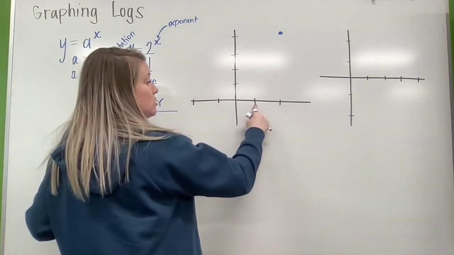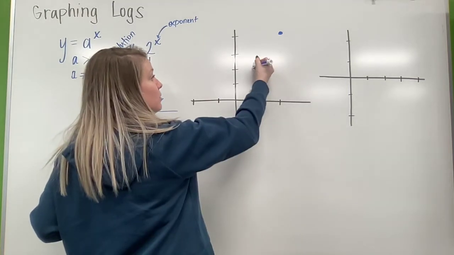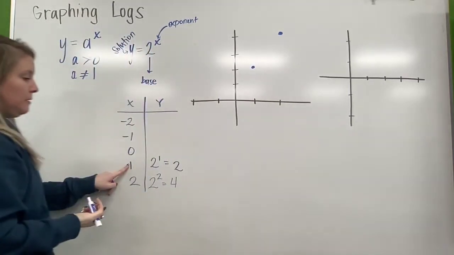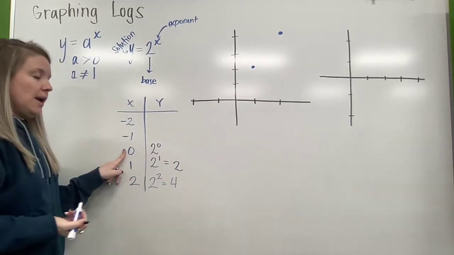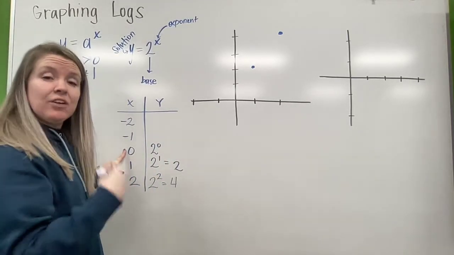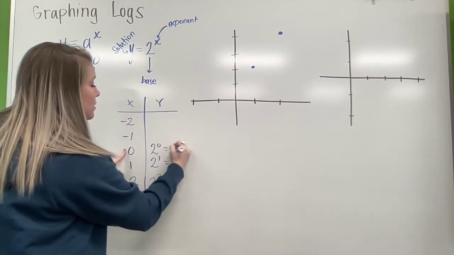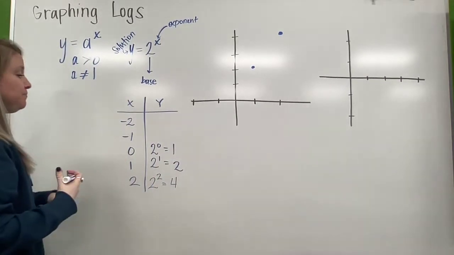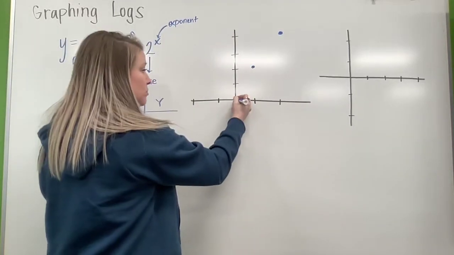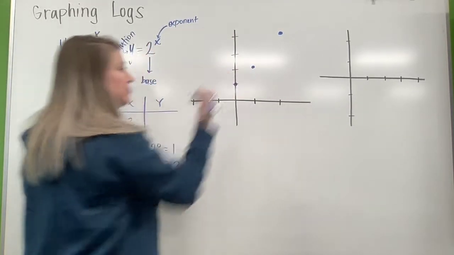Again, simple. When x is 1, y is 2. What happens if I plug in 0? If you remember, anything raised to the 0 power is 1. So plug in 0, I get 1.